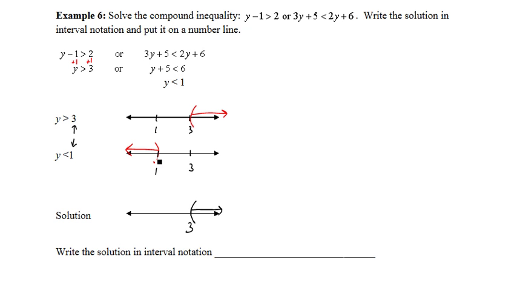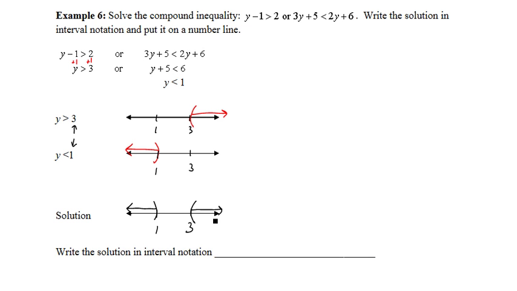You include everything from the second set, so all numbers less than 1. Or you include them both. So it's like you're including all of the answers. Everything greater than 3, or everything less than 1, or both.